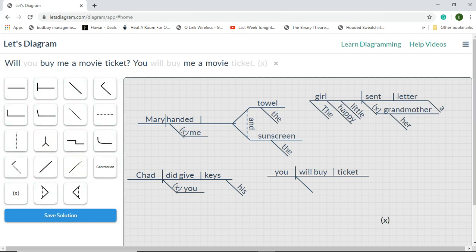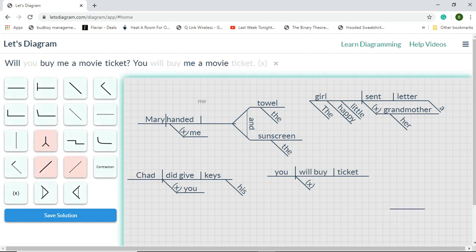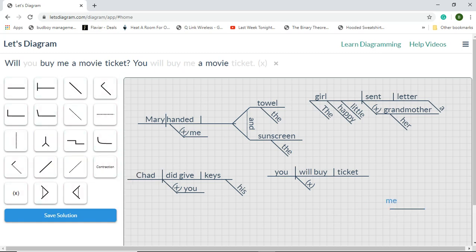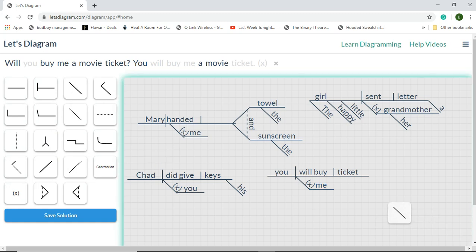So let's get our X over here where the preposition would go. Okay. Pull out me real quick. There we go. Okay, so that's our indirect object is me. And what type of ticket is it? It's a movie ticket. So those are adjectives modifying ticket.